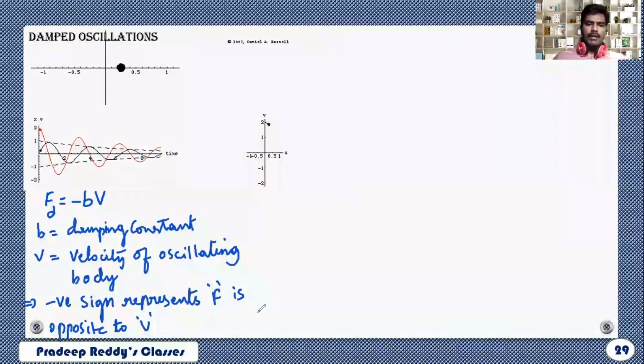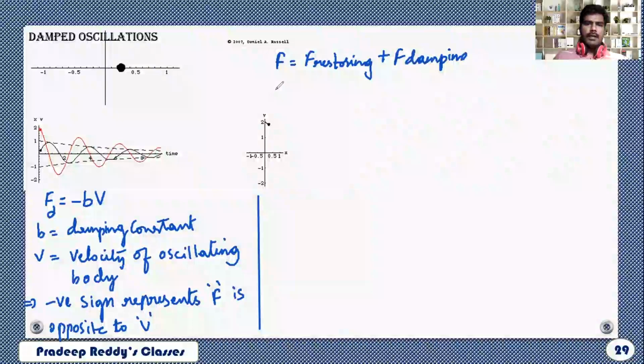Now, overall, if a body is executing damped oscillations, the net force acting on such an object is the sum of the damping force and the restoring force. So I will write F net is equal to F restoring plus F damping, and this F will be equal to the restoring force, minus kx, and the damping force, minus bv.